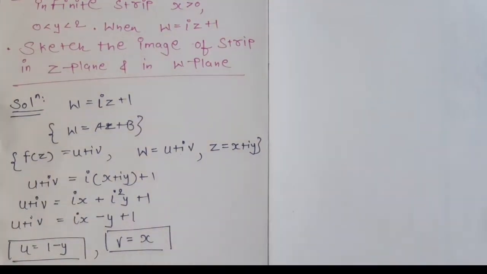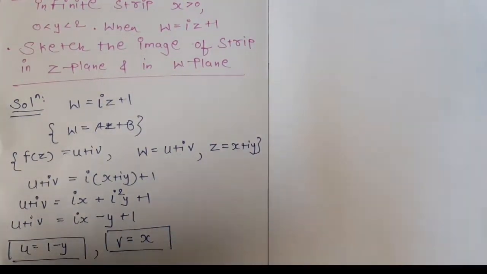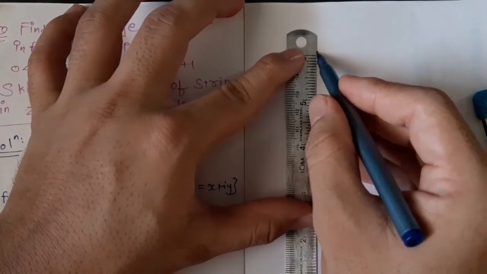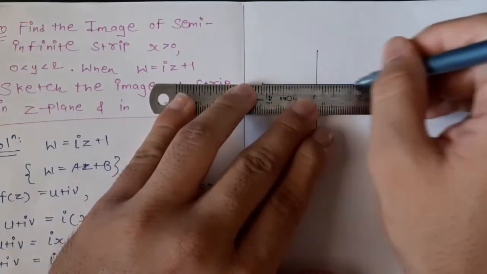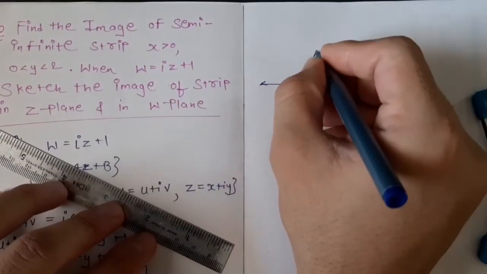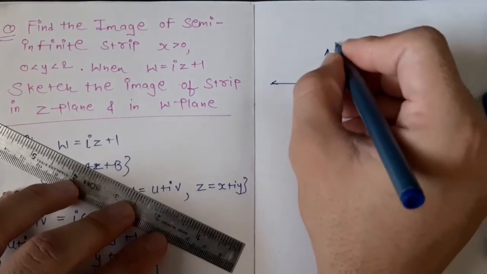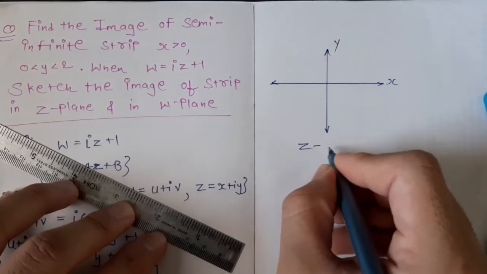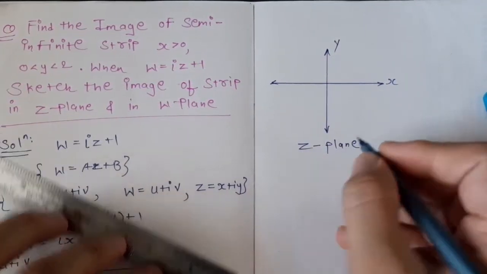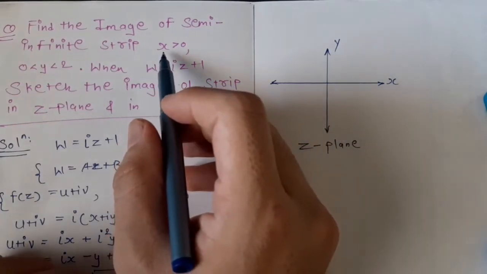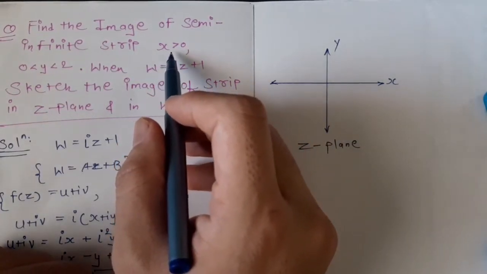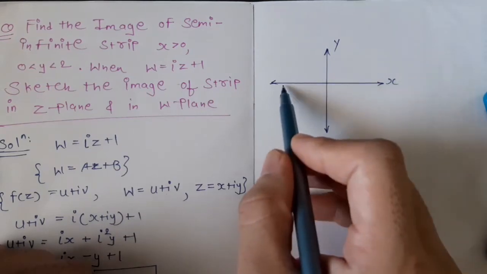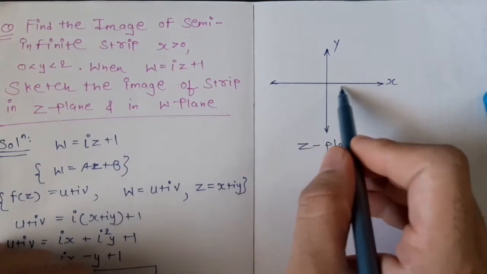First we will see the z plane. So this is the x axis, this is the y axis, and this is the z plane. So what are the inequalities? Here it is mentioned that x is greater than 0. So this is the negative part of x and this is the positive part of x.